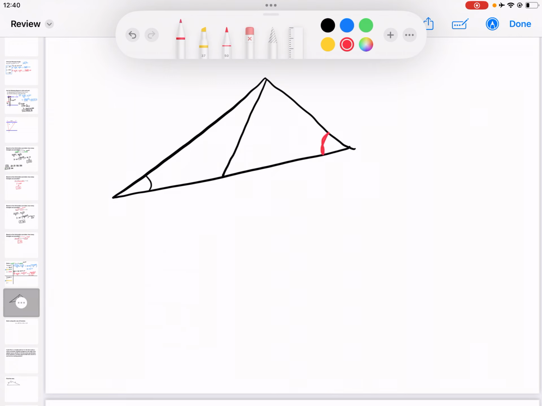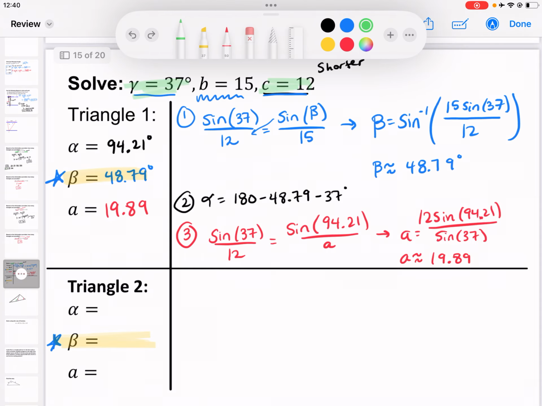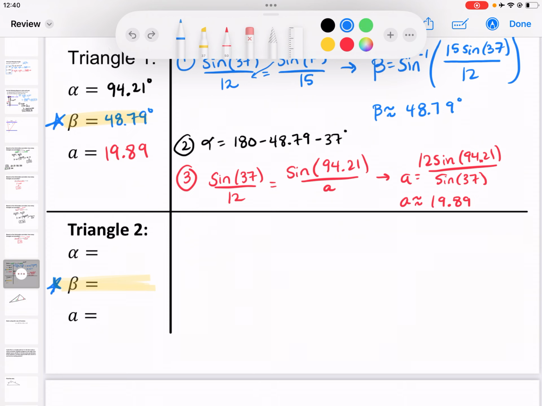So what we found is this angle right here, which is equivalent to this angle, but we need to find this new angle, and you'll notice that those two that I just marked form a linear pair. So to find your new beta for triangle 2, you just subtract your first beta from 180, because they should form a linear pair.